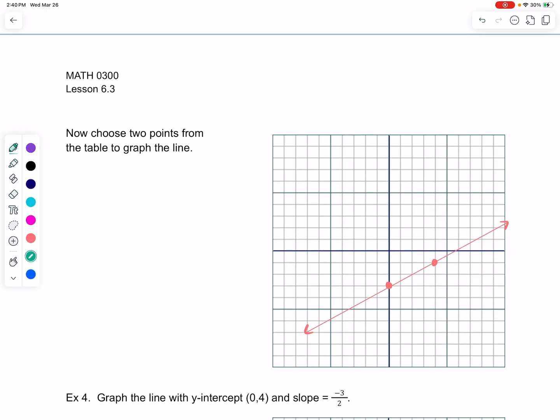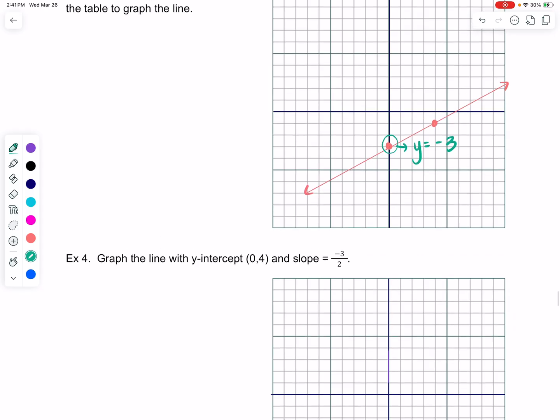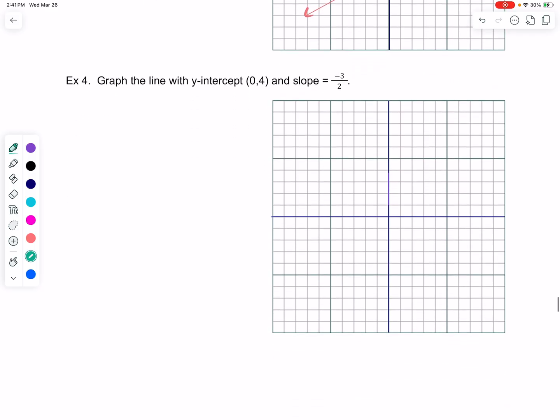And my graph crosses the y-axis at -3. That's not a coincidence, folks. That means that when we start writing the equations of lines, this number, our y-intercept, is going to be that last number in our equation. But for now, let's graph another line.